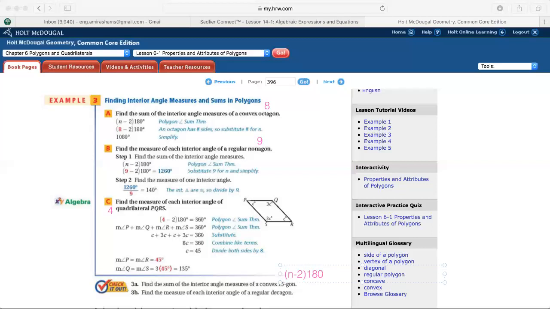Whatever the number that I have, it is easy for me to solve. 15 minus 2 multiplied by 180, so it is equal to 13 multiplied by 180, which is 2340 degrees.